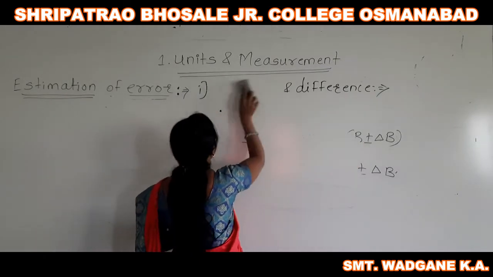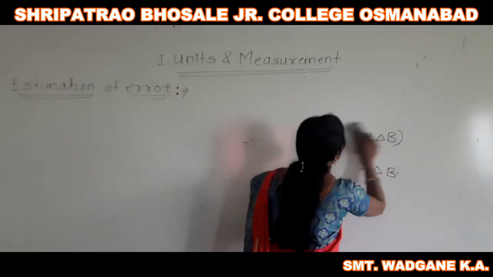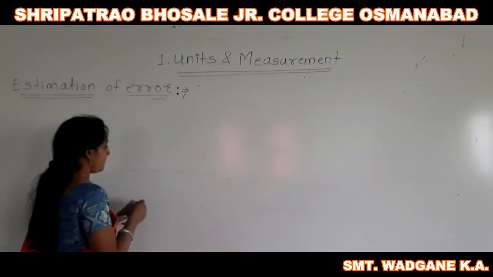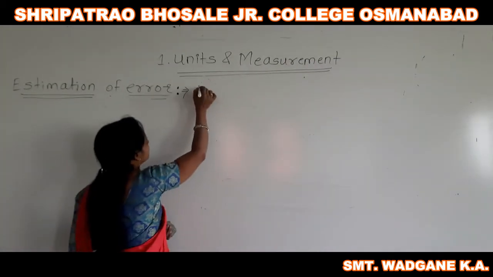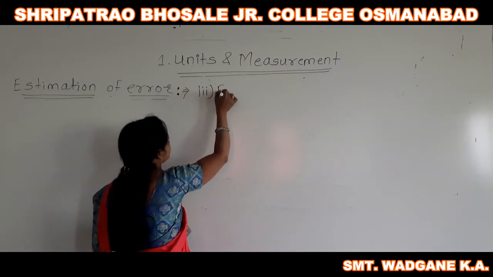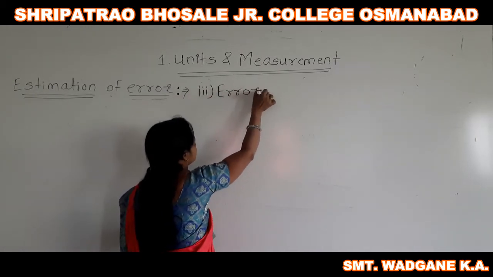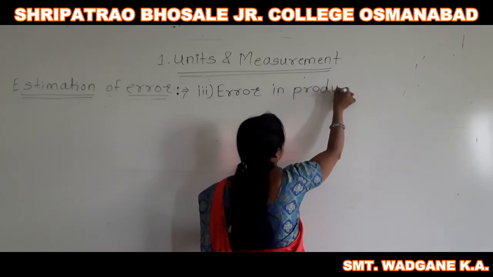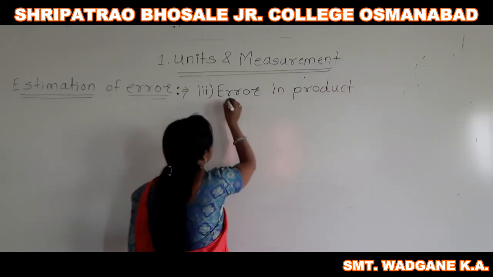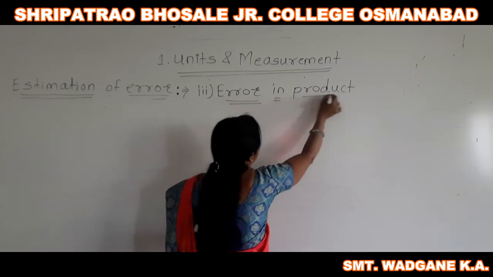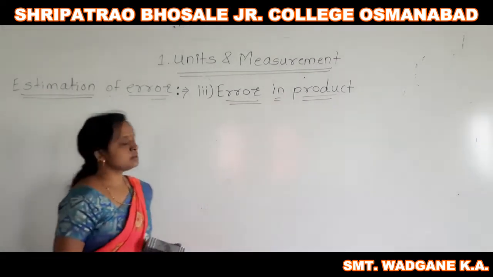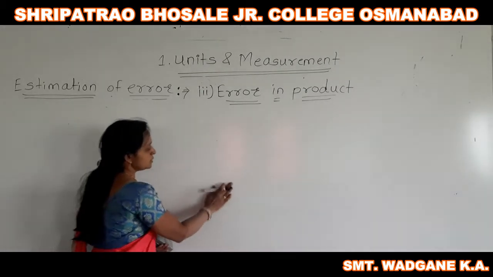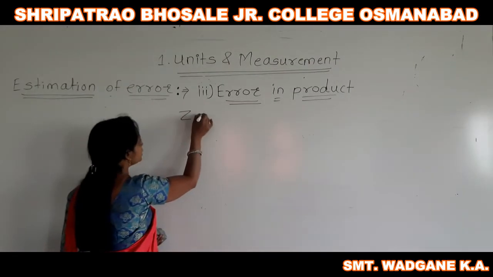Error in product. When two quantities multiply together, we have to see what the absolute error is.